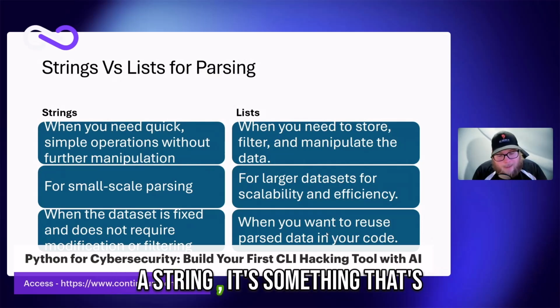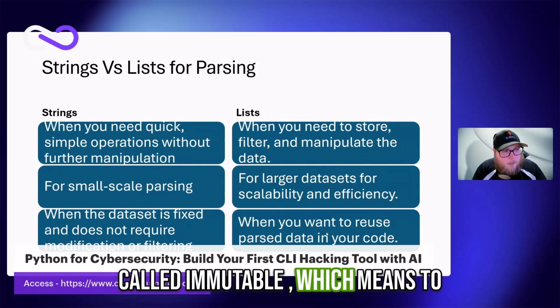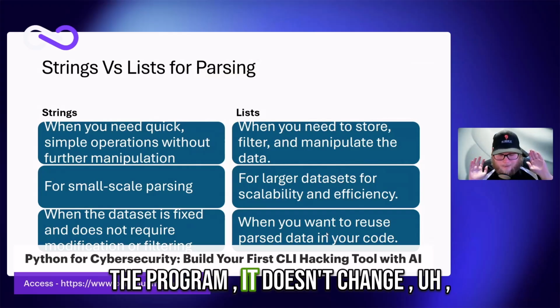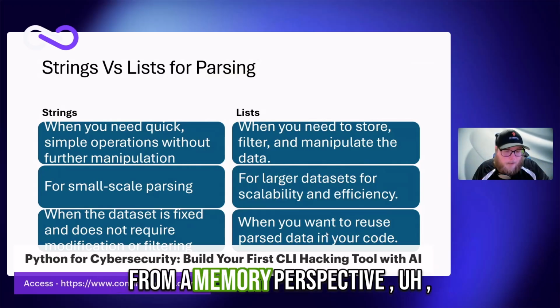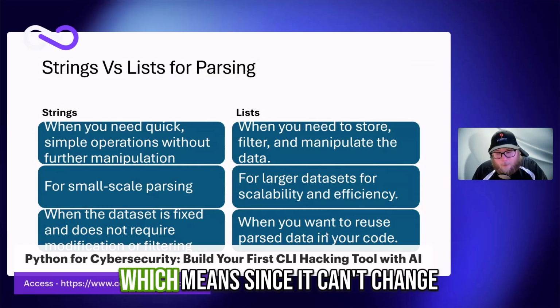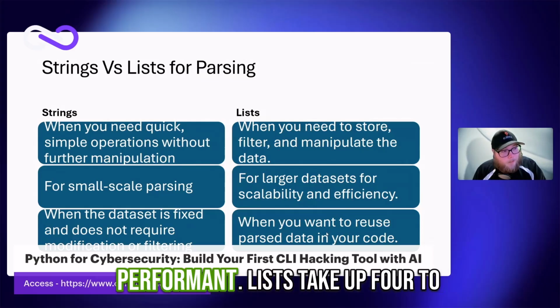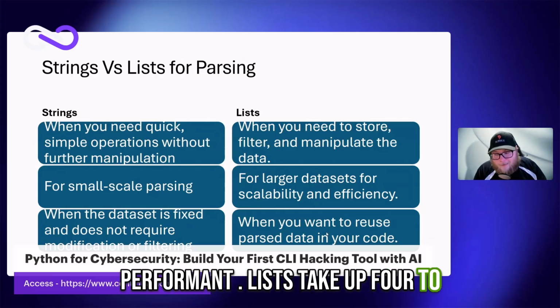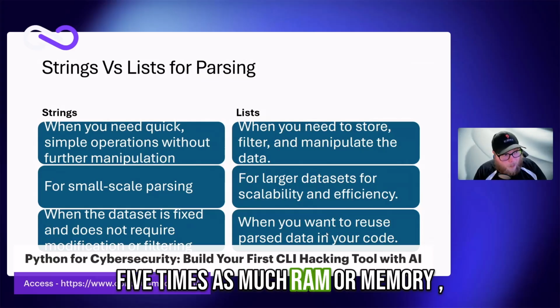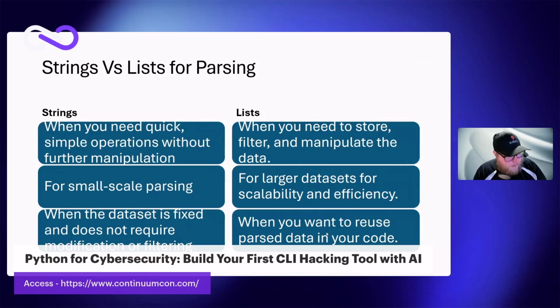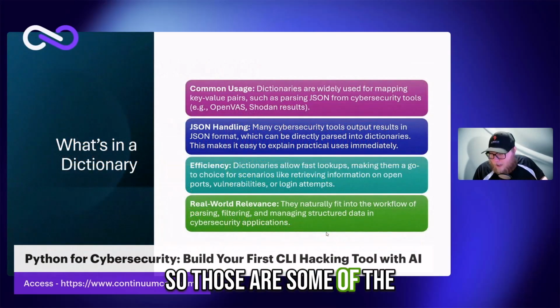A string is something that's called immutable, which means to the program, it doesn't change from a memory perspective. Since it can't change after you create it, it's much more performant. Lists take up 4 to 5 times as much RAM or memory to use. Those are some of the differences.